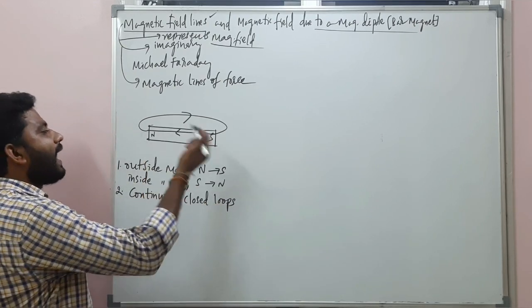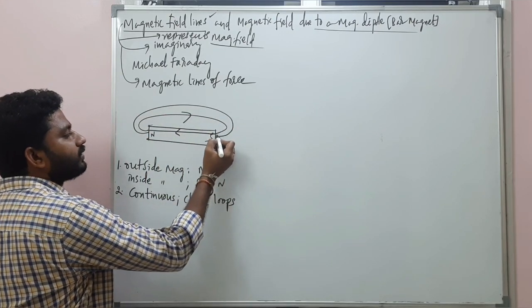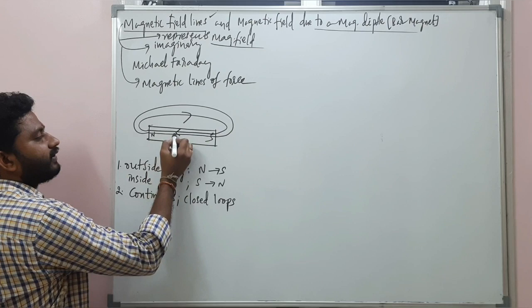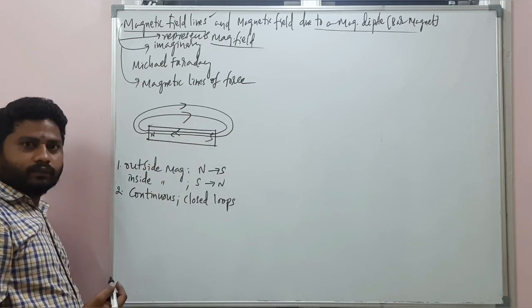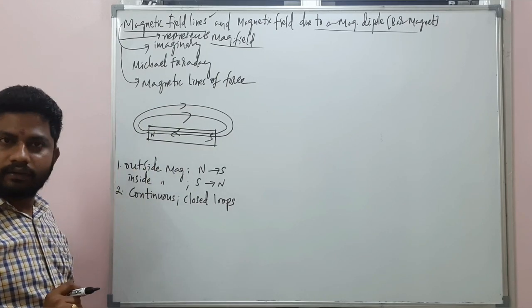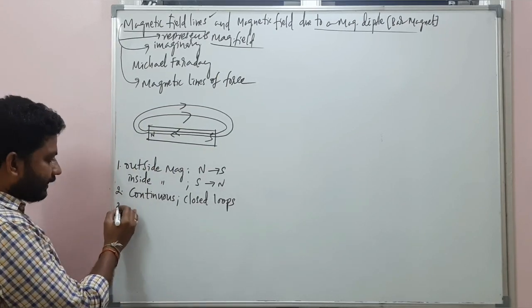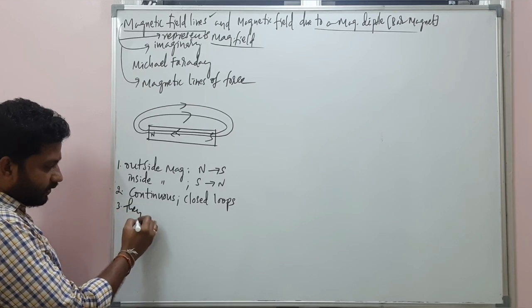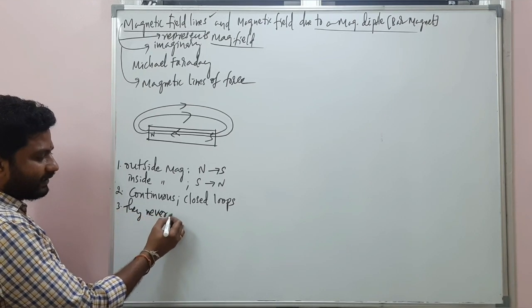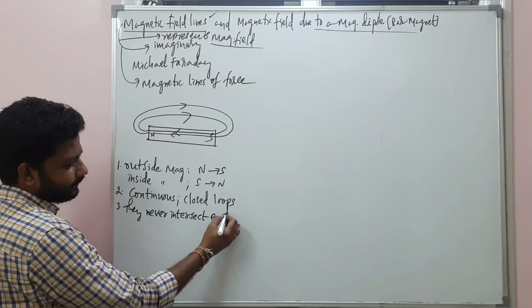Another magnetic field line, let's consider. See here, this is another magnetic field line. Did you see that the magnetic field lines are intersecting here? Not only in this diagram, in reality also, magnetic field lines never intersect each other.